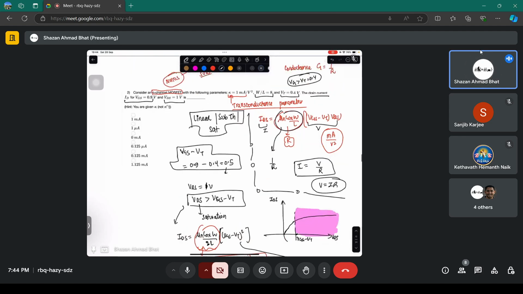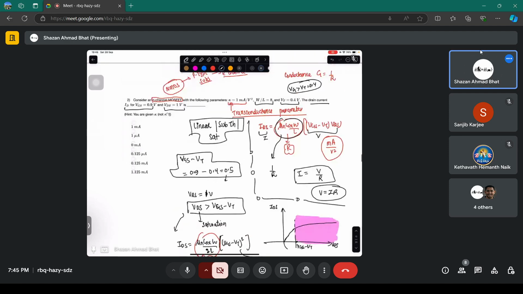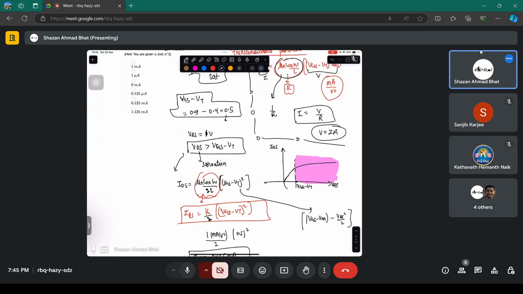Kappa is 1 milliamp per volt square. And this particular thing is 0.5 square divided by 2. You solve it, you get the IDS value to be approximately 125 milliamps. So 125 milliamps is the answer of this question.